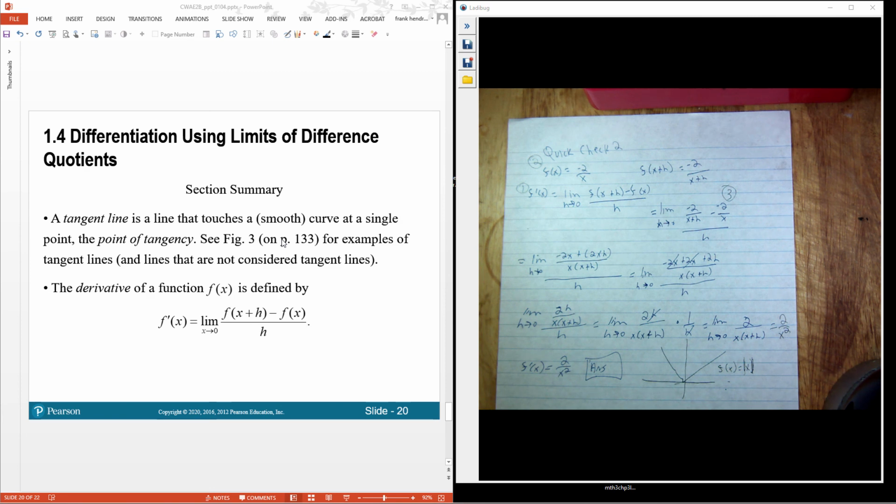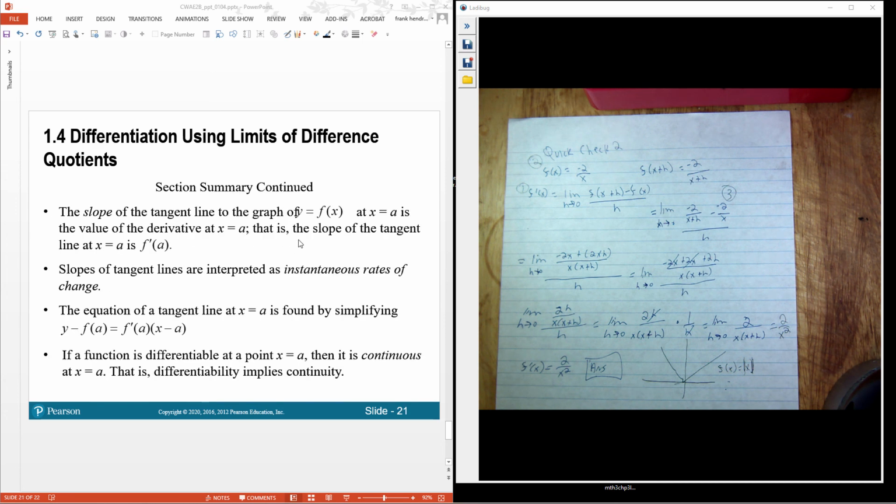A tangent line deals with the derivative at a point. It touches the curve at one point, and that's how they define the derivative of a function there. If a function is differentiable at a point x equal to a, then it's continuous. That is, differentiability implies continuity.